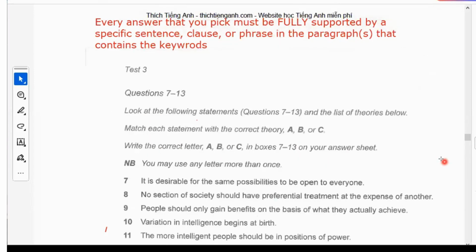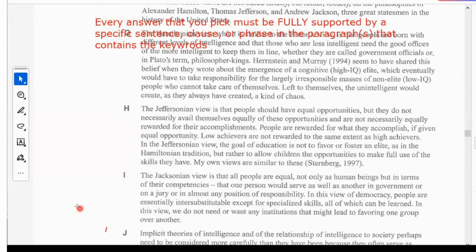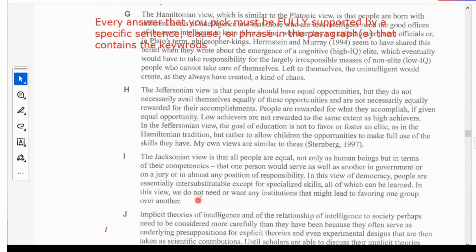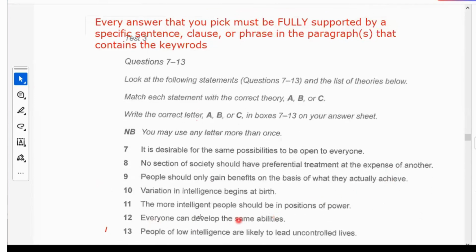Number 12, everyone can develop the same abilities. That's sounding like all of which can be learned. People are essentially intersubstitutable, except for specialized skills, all of which can be learned. That's sounding like everyone being able to develop the same abilities. So number 12, I'll pick C.